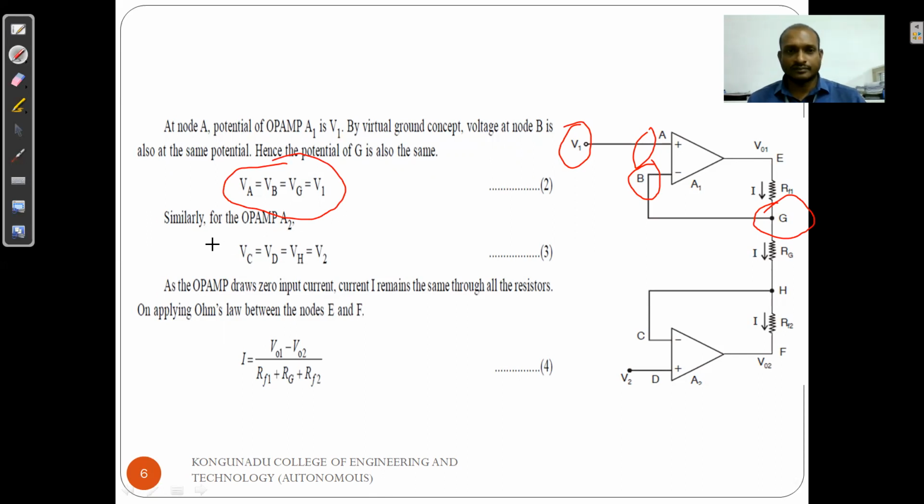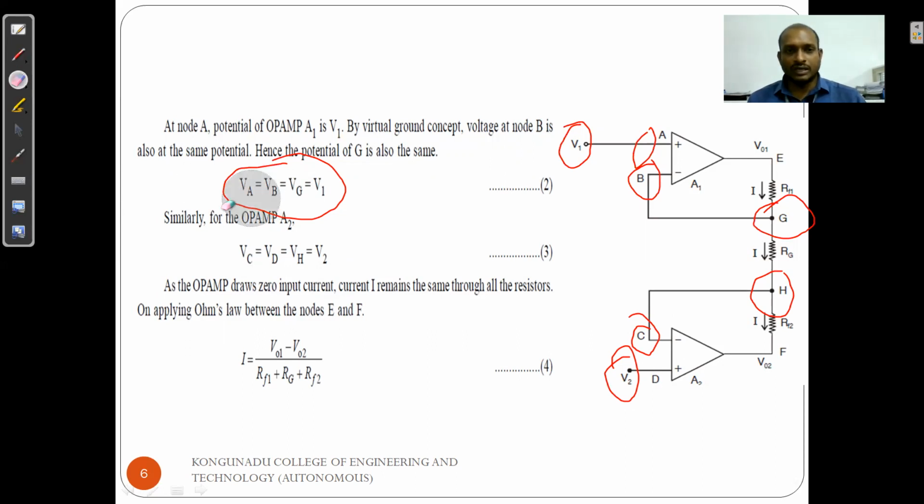Similarly, for op-amp A2, we are giving the input V2. Considering C as a virtual ground, D also has the same potential, and H also has the same potential. So we write VC equals VD equals VH equals V2.